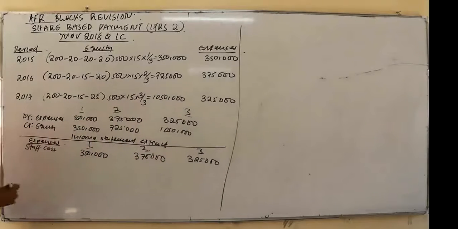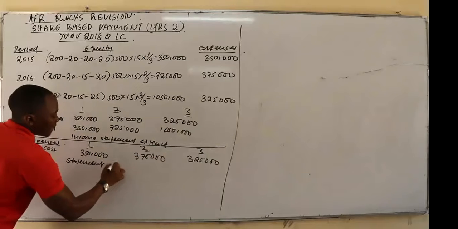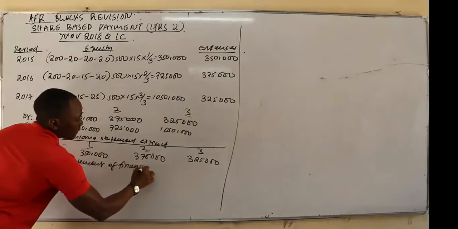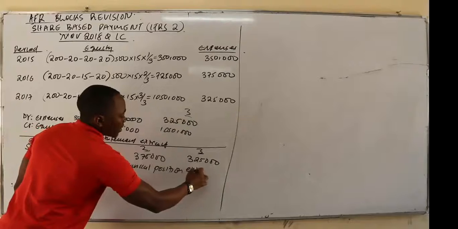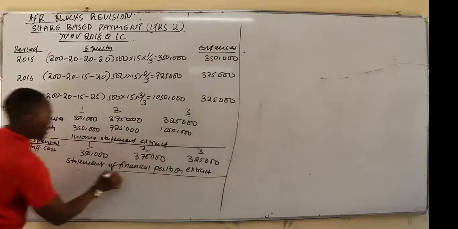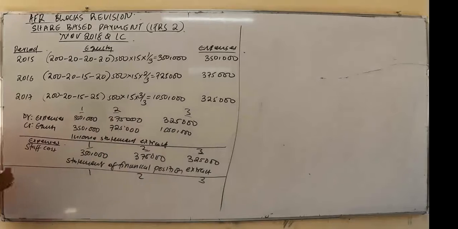Then what do you take to the balance sheet? The statement of financial position extract. The first year, the second year, the third year. You'll go under equity.